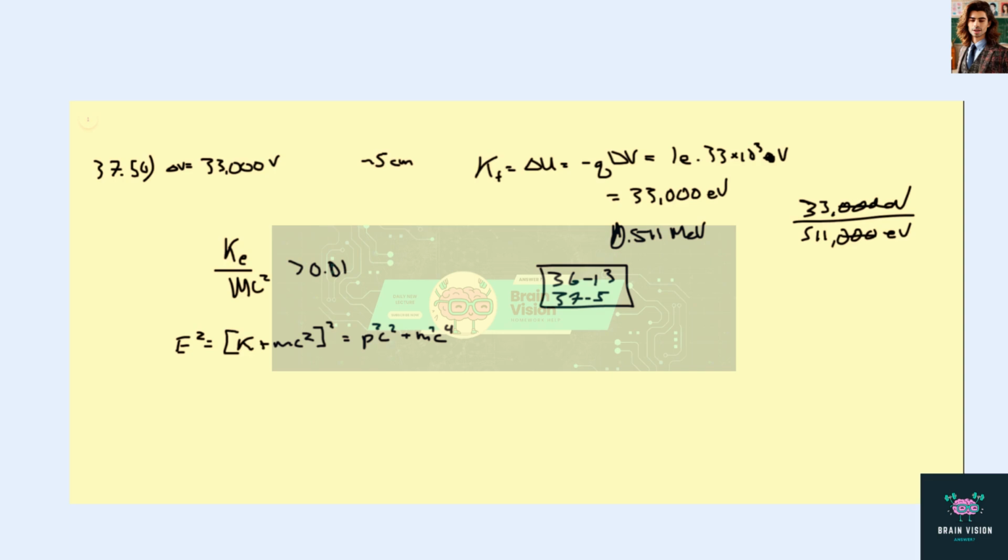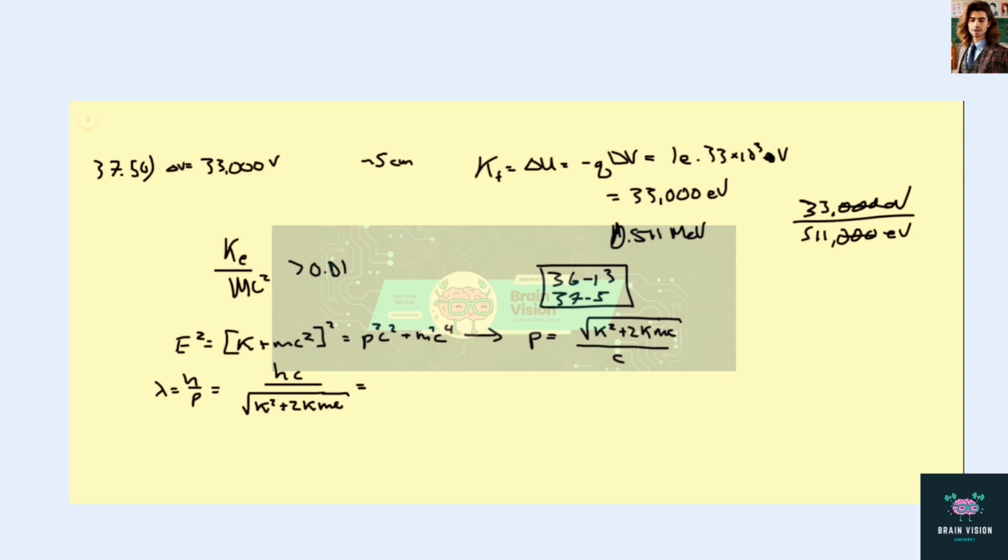So now let's rearrange this, and we see that P is the square root of K squared plus 2K MC squared, all over C. Well, equation 37.5 gives us that lambda is just H over P. So this is now HC over the square root of K squared plus 2K MC squared.